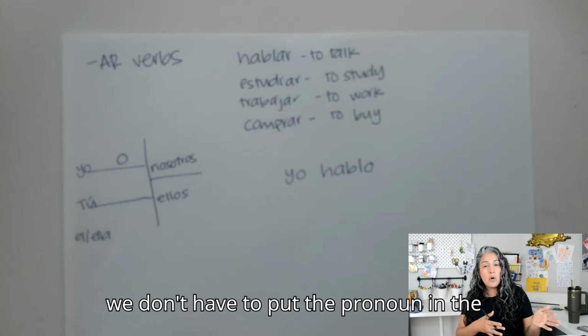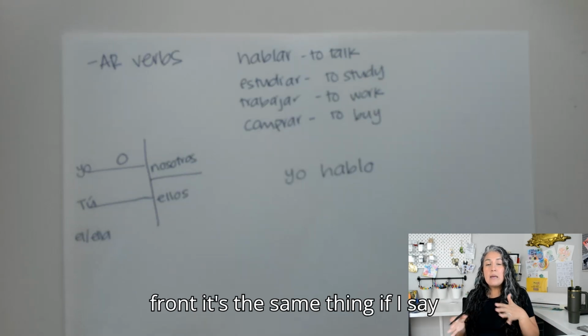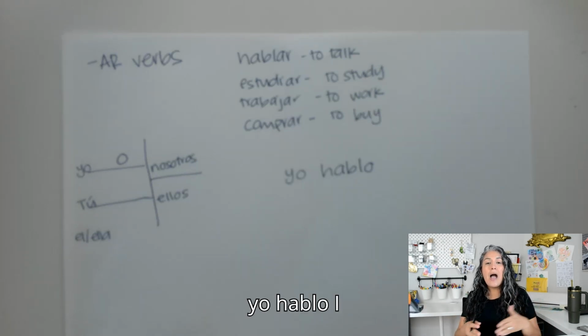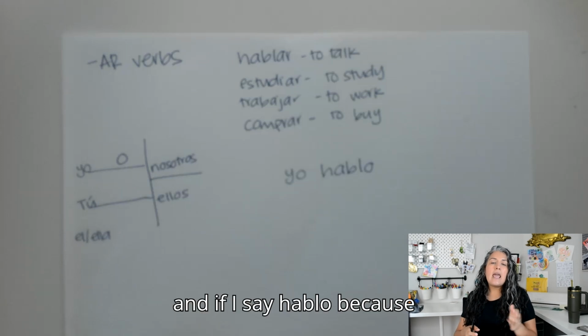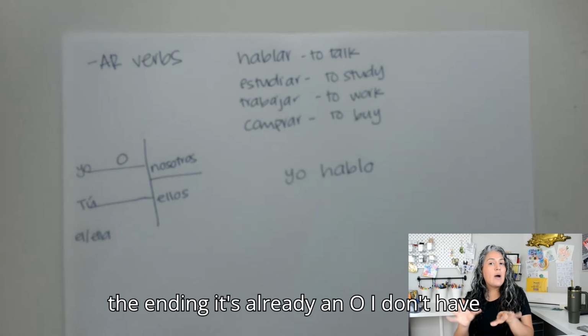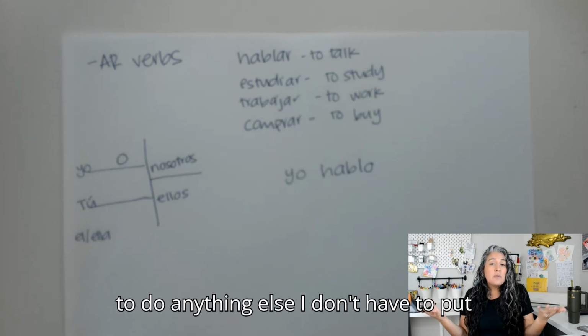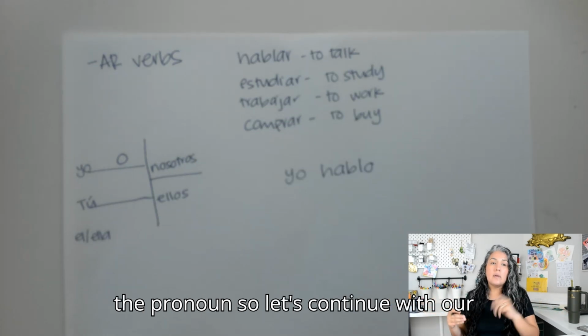And we don't have to put the pronoun in the front. It's the same thing if I say, yo hablo, I talk, or I speak. And if I say hablo, because the ending is already an O, I don't have to do anything else. I don't have to put the pronoun. So let's continue with our chart.